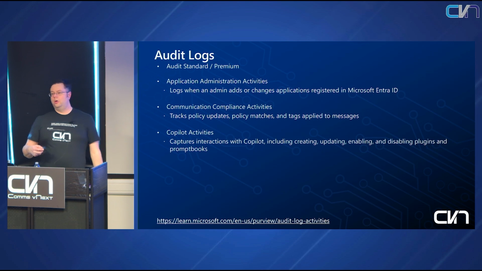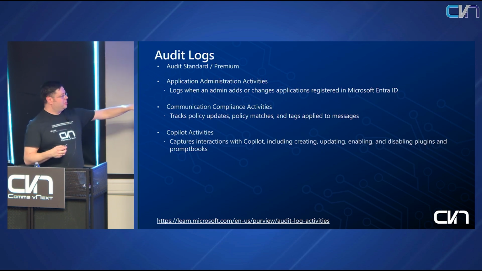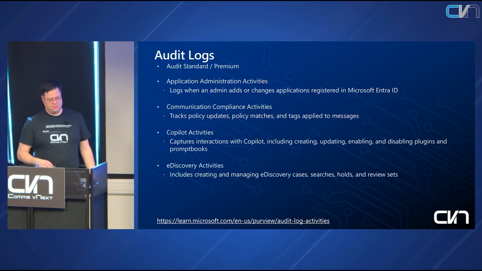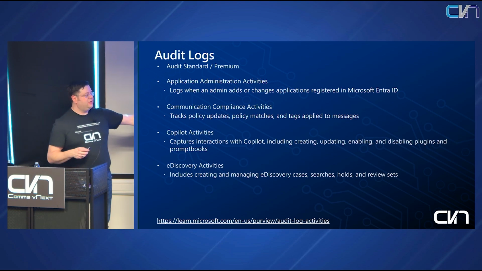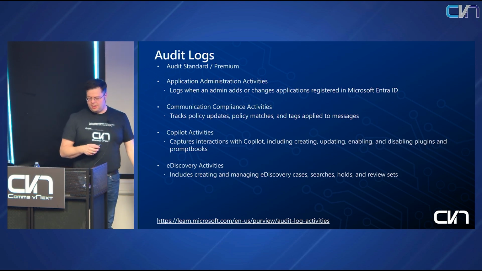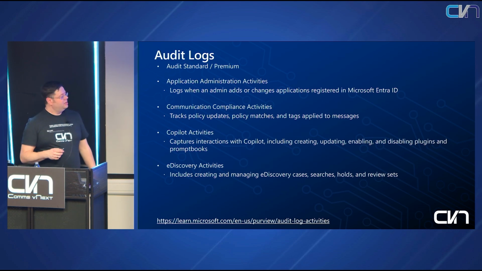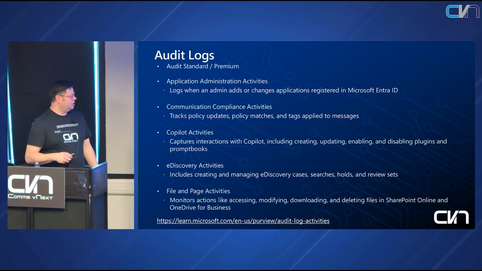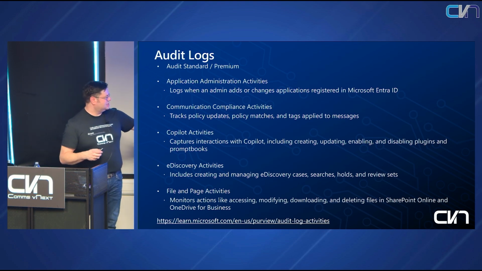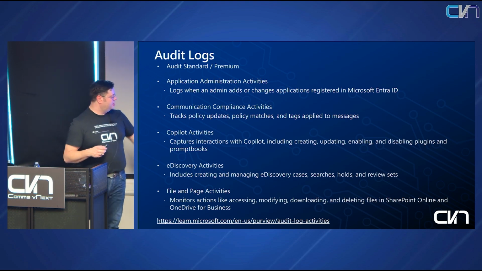If people are doing more and more stuff with agents in Copilot, those activities will be logged against the audit log. Any of the stuff in eDiscovery, which we're going to talk about briefly on a Purview slide, when people are doing eDiscovery cases or they're running queries to find information across your environment, those things are put in the audit log. And then access, like modifying, downloading, deleting SharePoint files, etc.